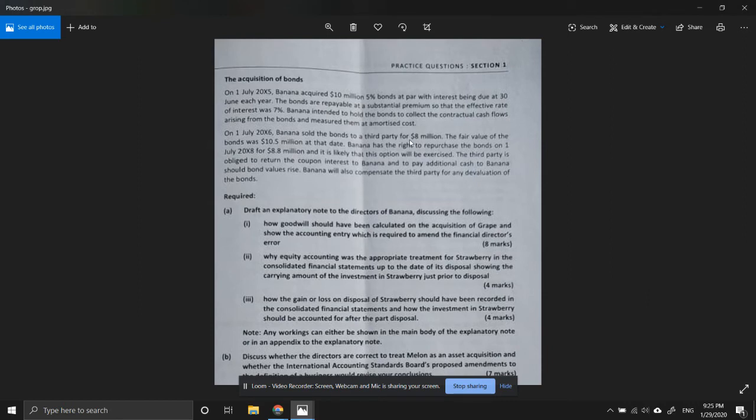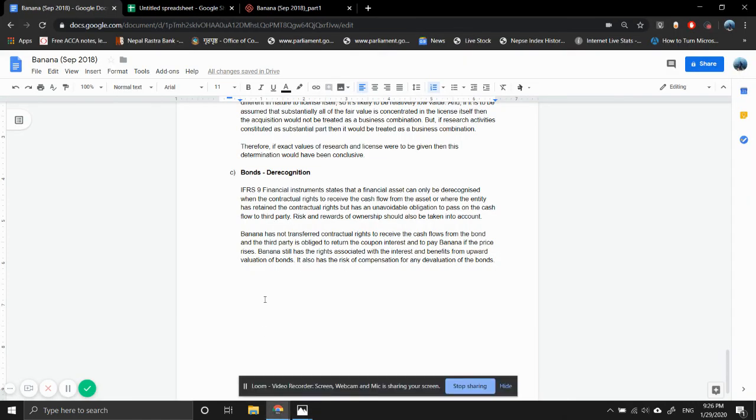So 8 million, right? The fair value was 10.5. Even the price does not reflect the standalone selling price kind of thing.